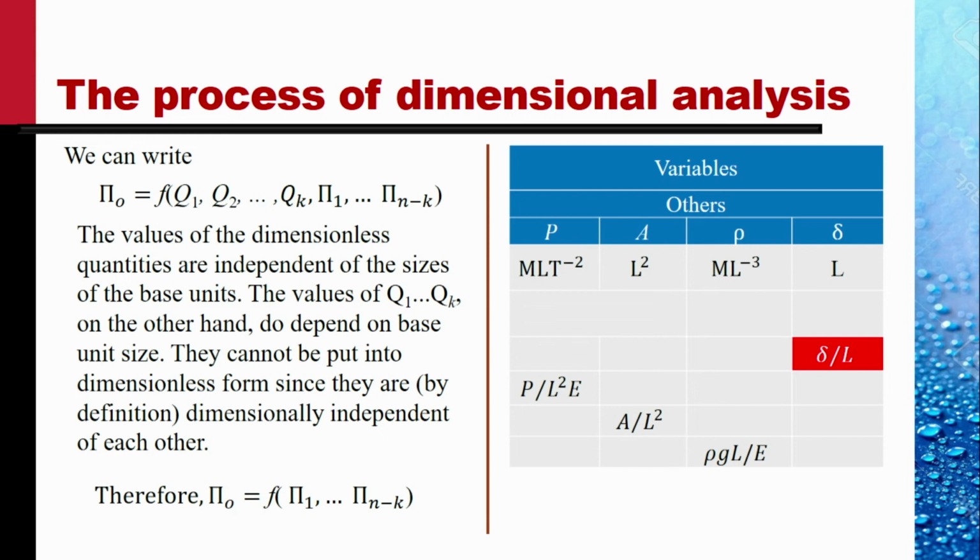And pi naught, the dependent non-dimensional parameter, would be a function of these n minus k non-dimensional pi's. So, we can write delta by L is a function of P divided by L square E, A by L square, and rho G L by E.